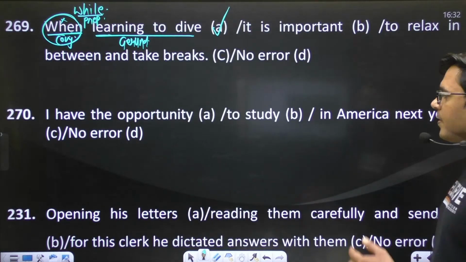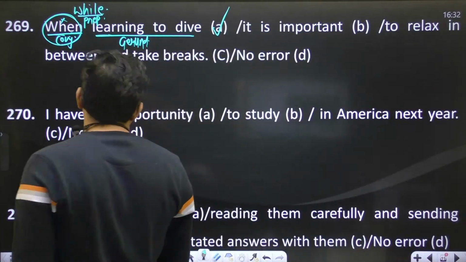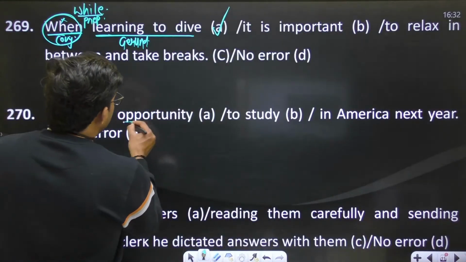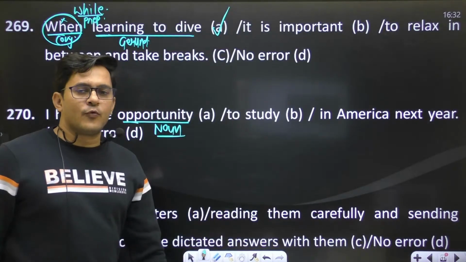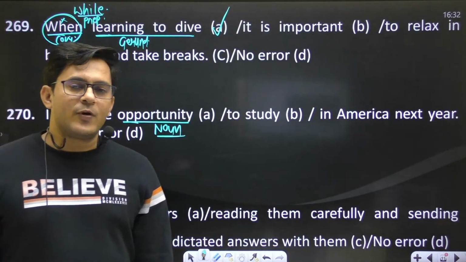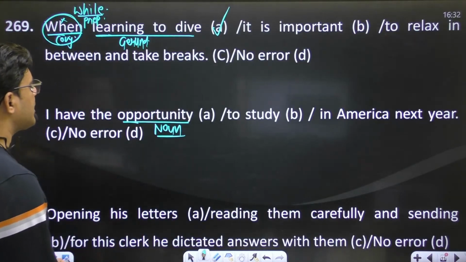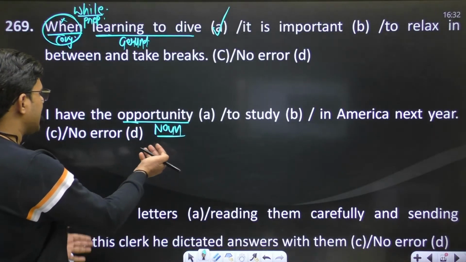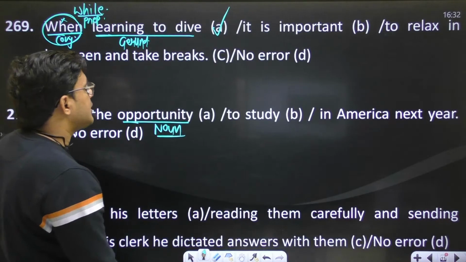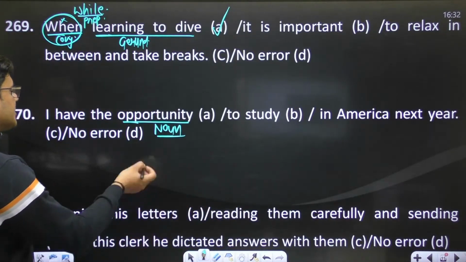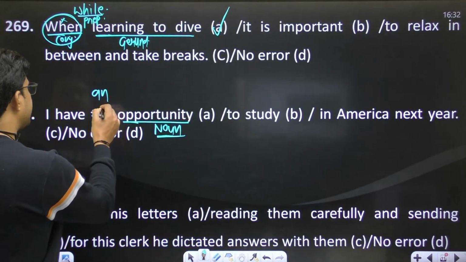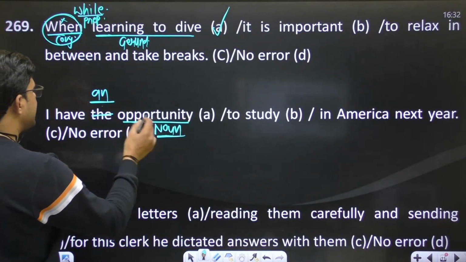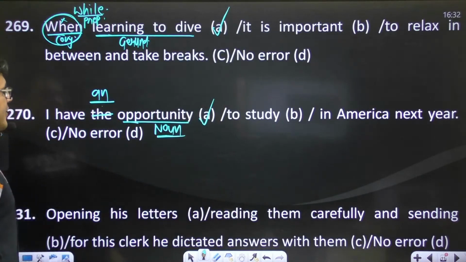This word opportunity is a noun, and this noun gives a vowel sound, and here we are talking about any opportunity. I have an opportunity to study in America next year. So the opportunity is not definite, we are talking about an indefinite opportunity. That's why the article an will be there. I have an opportunity to study in America next year.